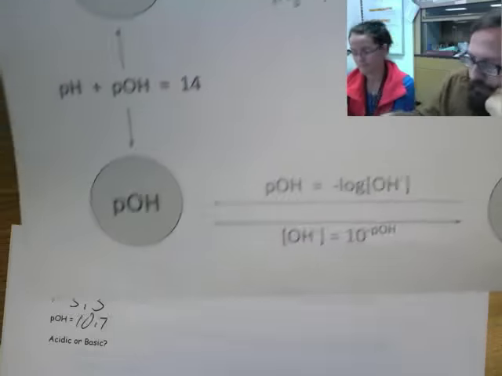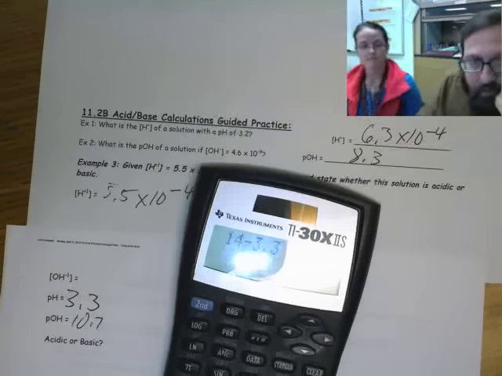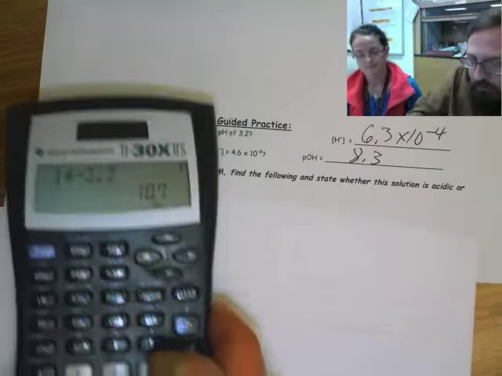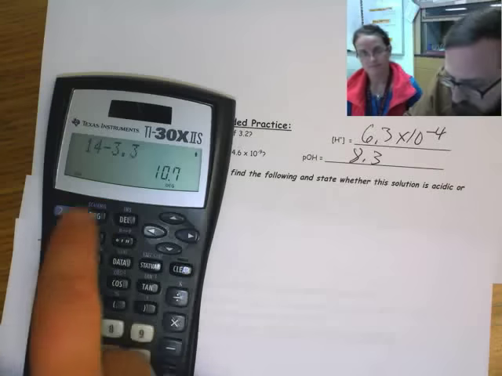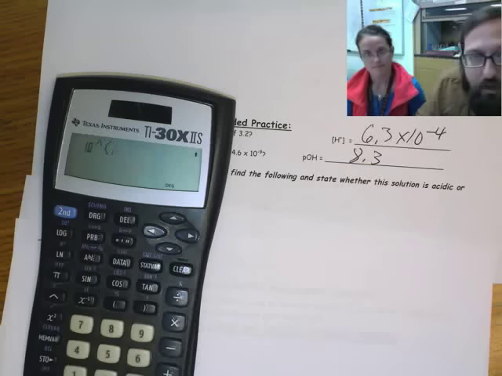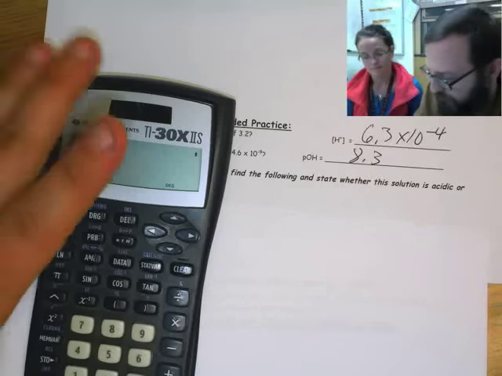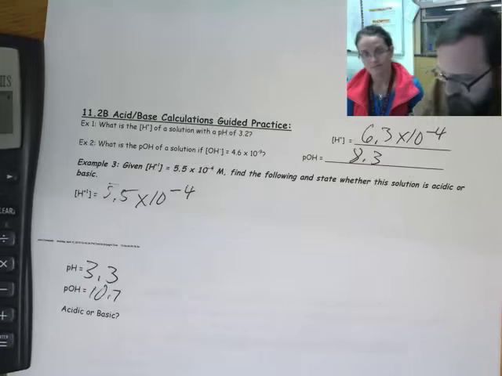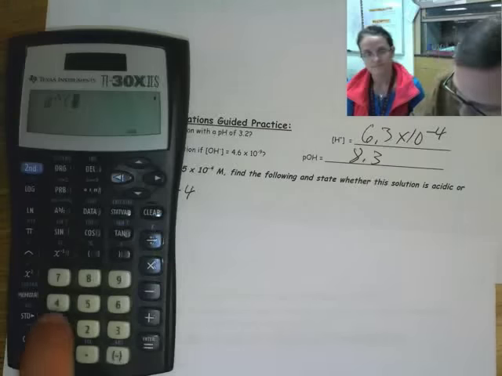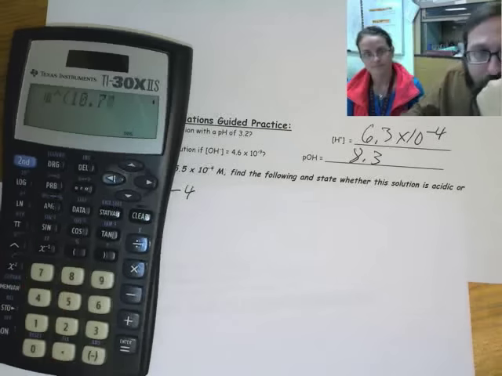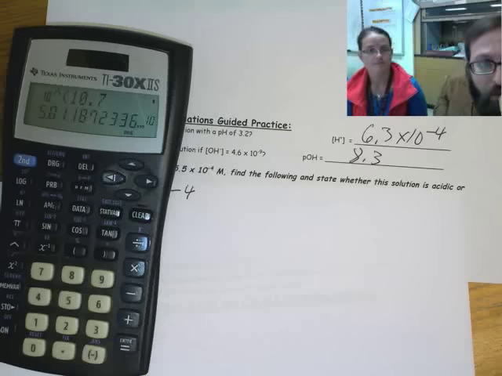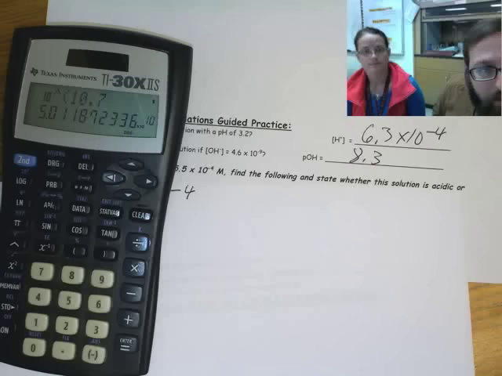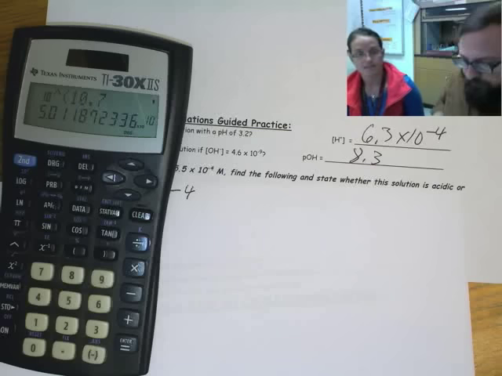Grab my calculator again, and I take 10 to the negative of the pOH, which was 10.7. And I get 5.0 times 10 to the negative 11th power. And that's my OH concentration.